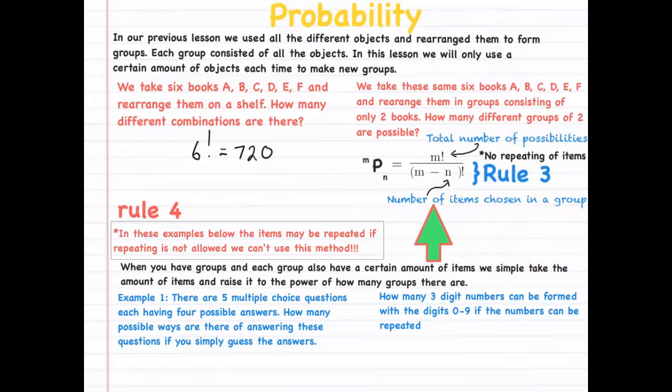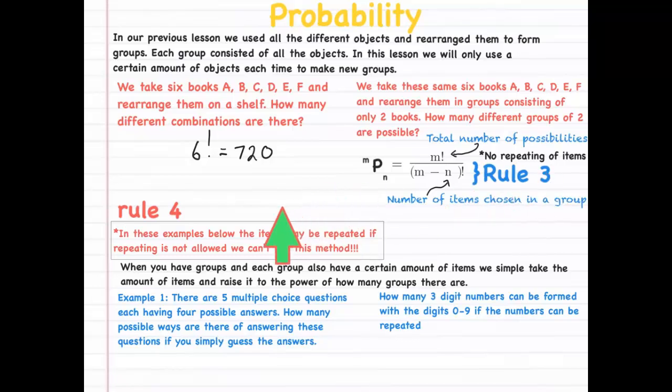So how many items are chosen in a group? 2 books, right? So we've got 1, 2, 3, 4, 5, 6 books, which will be m minus 2, that's 4, and then we use the factorial sign. Okay, but this is so important to remember. We will use this rule number 3 when no repeating of items are allowed, or when we cannot repeat items.